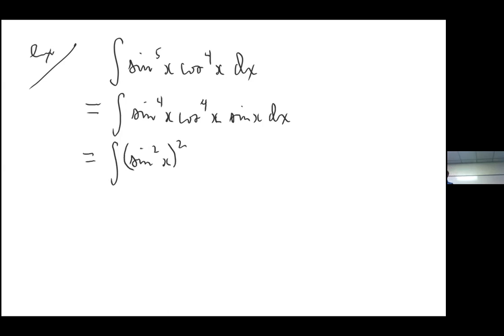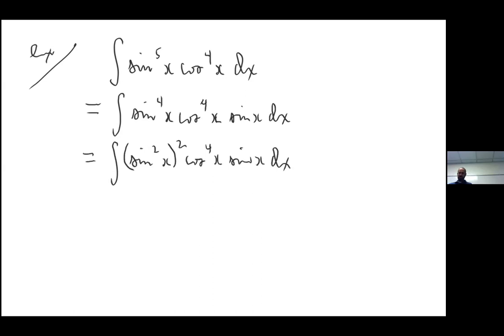What if it would have been sine to the 50th? Sine squared to the 25th. You understand what I'm saying here? You want to get sine squared isolated underneath a power so as to replace it with its cosine equivalent. So then it's cosine to the fourth of x, sine of x dx. Fine.